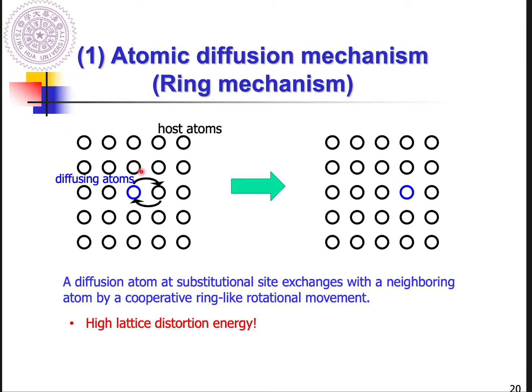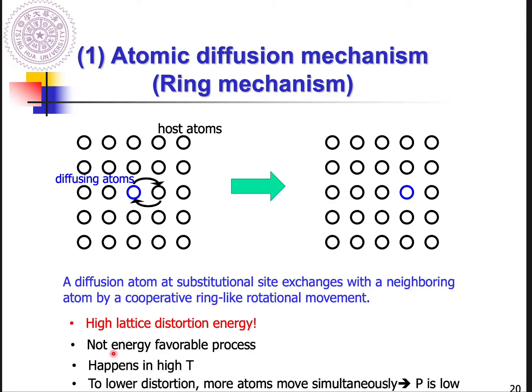Due to the high lattice distortion, it is not an energy-favorable process. That implies this diffusion mechanism always happens at high temperature, because at high temperature the atoms have higher energy, which can overcome the higher energy barrier due to the high lattice distortion that happens in the ring mechanism, right?